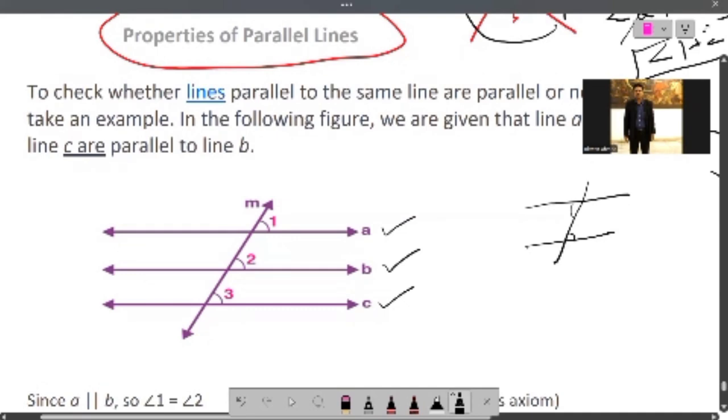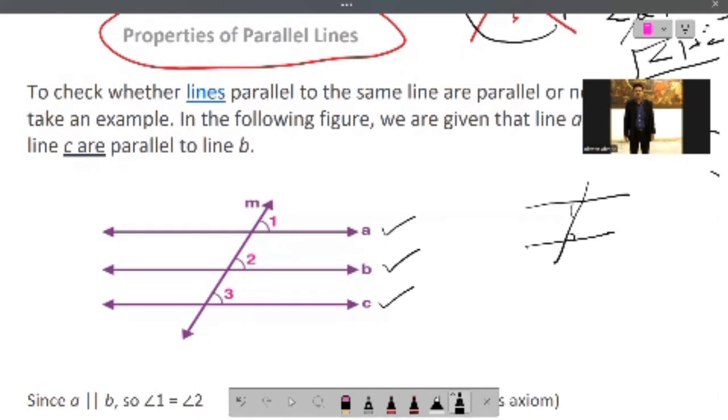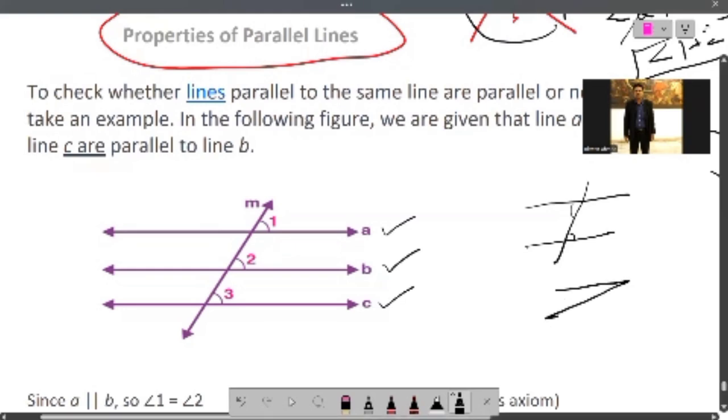Got it? For example, look at this sign. This is Z. Z means this line and this line are parallel to each other, so this angle and this angle are always the same.